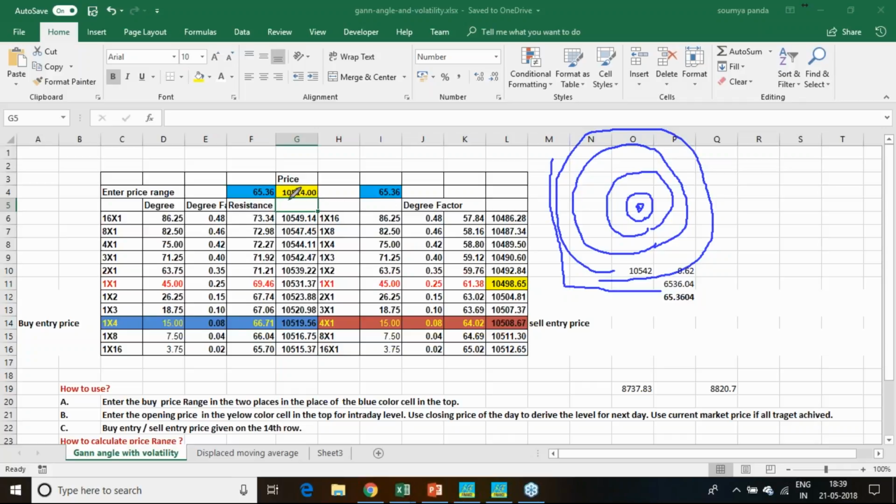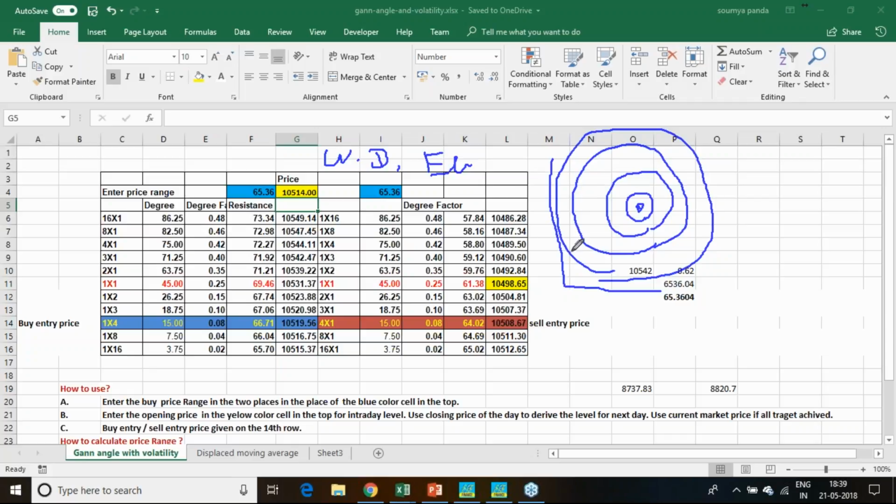The same thing is implemented by WD Gann, by Elliott, and in the Fibonacci study. We follow the price harmonic pattern.